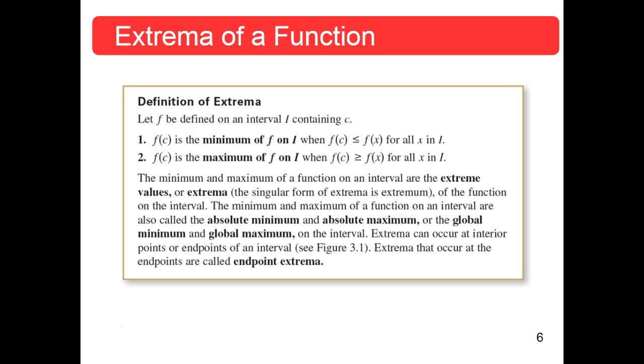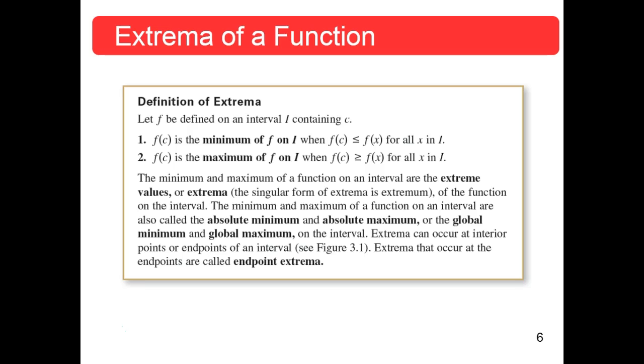And those are called the extrema of the function on that interval. The minimum and maximum of a function on an interval are also called the absolute minimum and the absolute maximum. Okay? Or another term, global minimum, global maximum on the interval. The extrema can occur at interior points or at the endpoints of the interval.